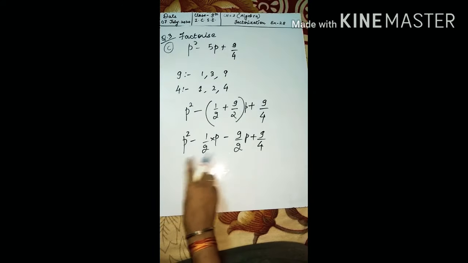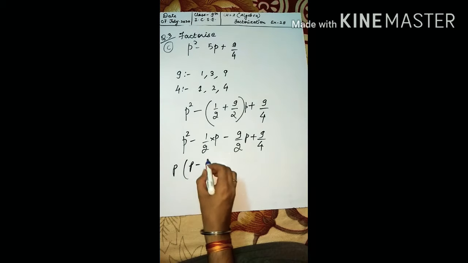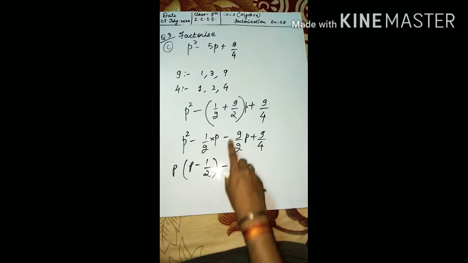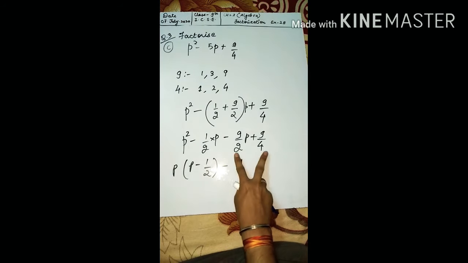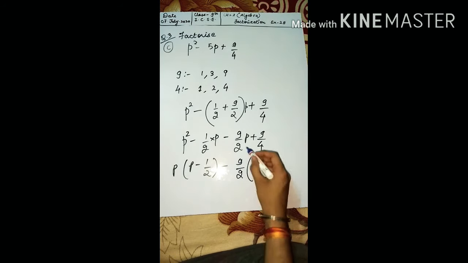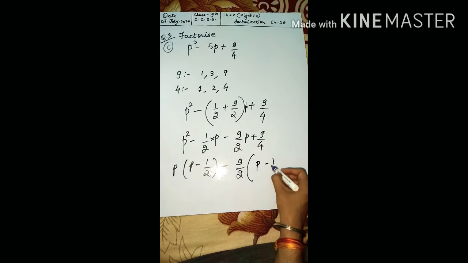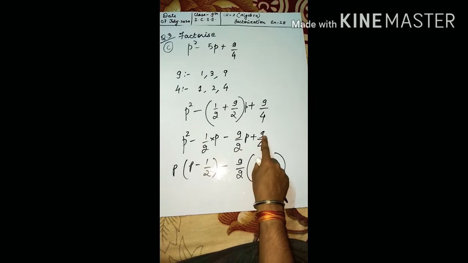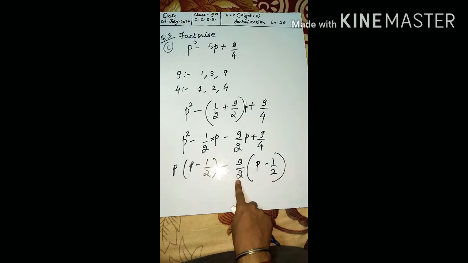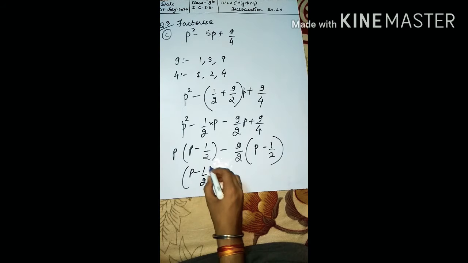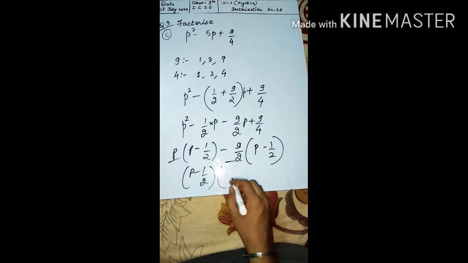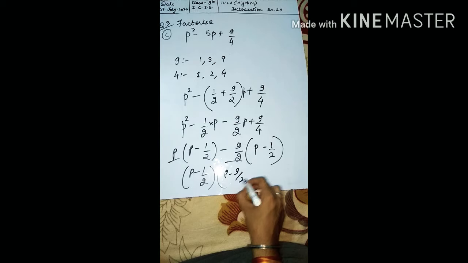Now take p common, so p minus half, I'm taking minus common. 9 we can take from these two, 2 we can take, we'll get p minus half, because 9 is already taken. From 4 we need to take 2, so 2 is left. So p minus half, p minus half. Again you take p minus half common, you're left with p minus 9 by 2. This is the final answer.